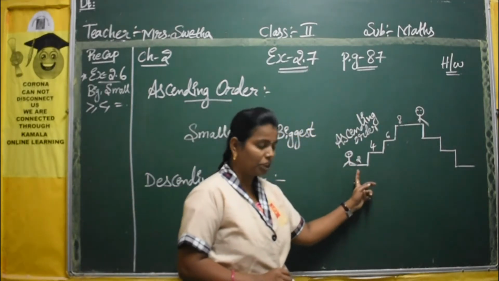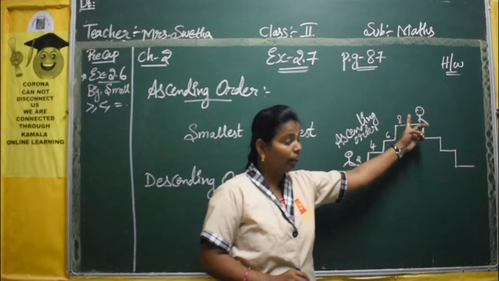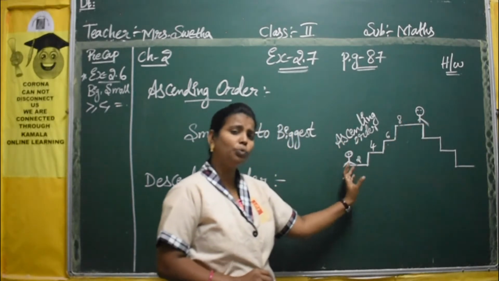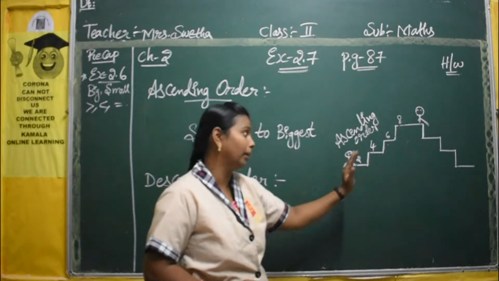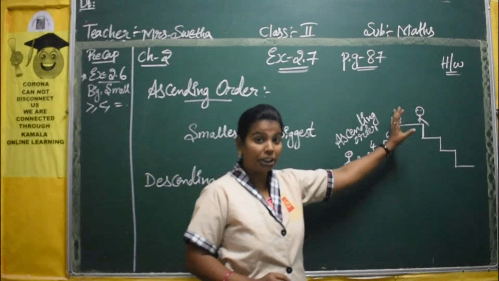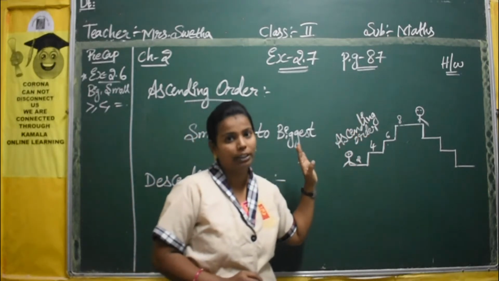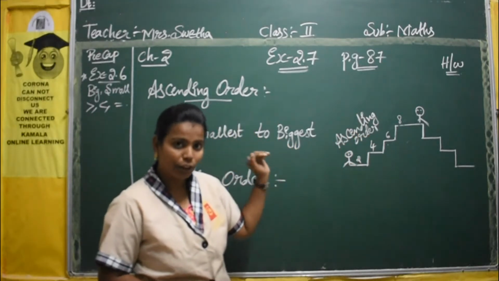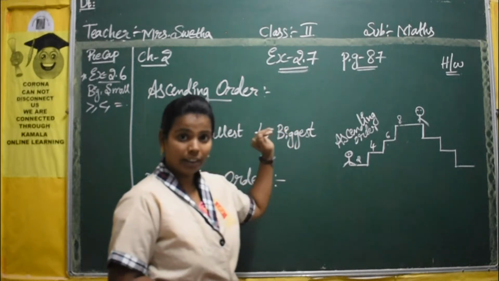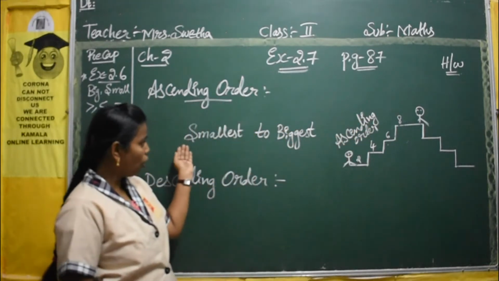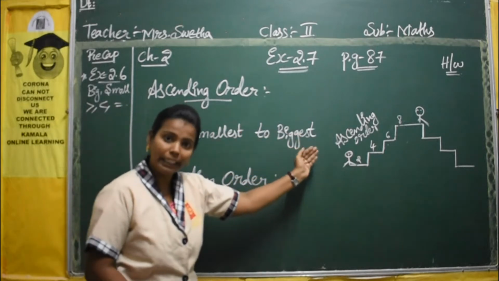If you compare the starting number and the ending number, the starting number is the smallest and the last number is the greatest of all the numbers. Children, I think you have understood this method. Once again, listen: ascending order means smallest number to biggest number.